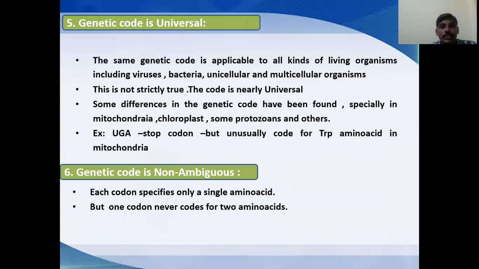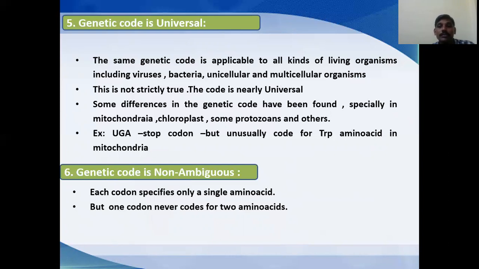The fifth genetic code property is that the code is universal. Code is universal means the same genetic code is applicable to all kinds of living organisms, including viruses, bacteria, unicellular and multicellular organisms. But this is not strictly true. The code is nearly universal because some exceptions exist.